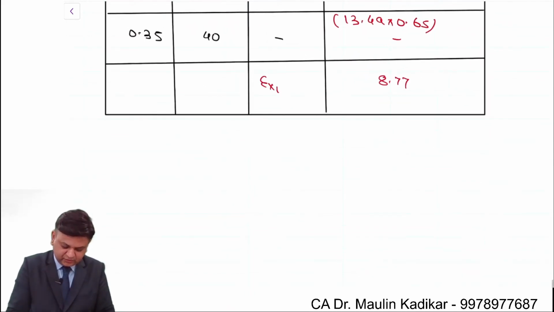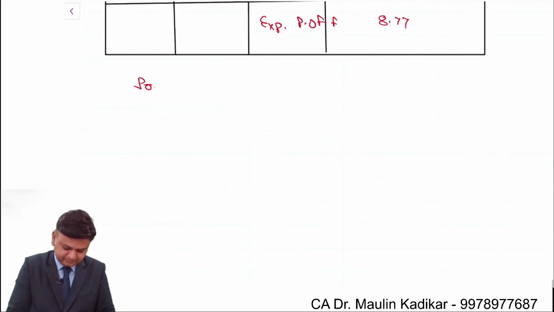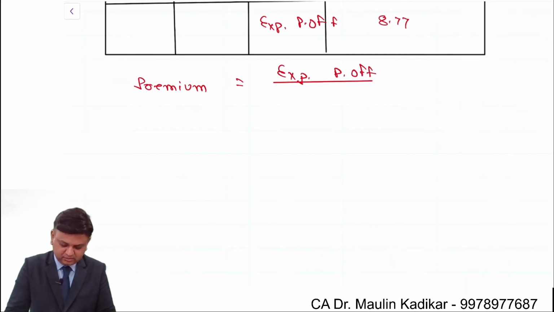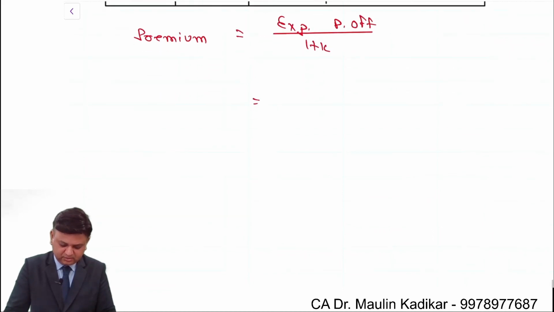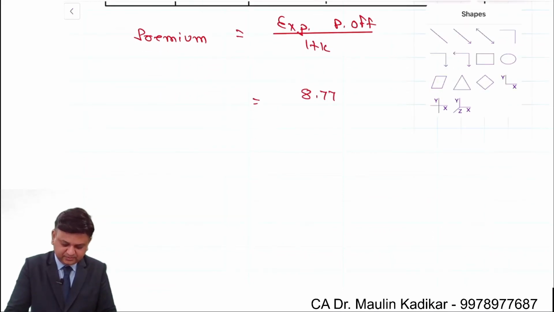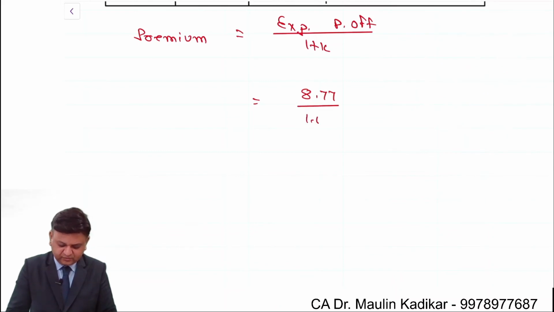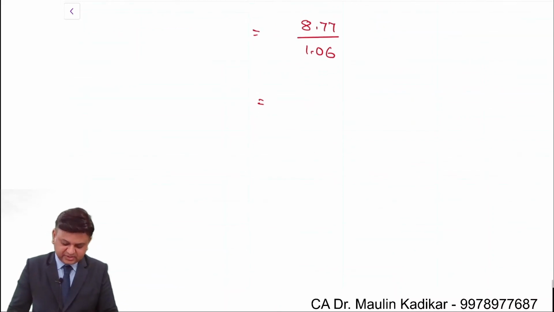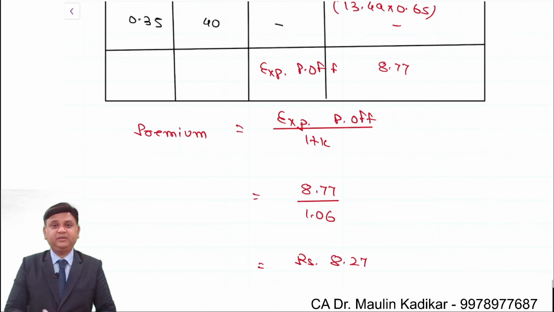This is expected payoff. Then premium. It is expected payoff divided by 1 plus k. 8.77 divided by 1.06. So 8.27. That is the way the premium amount will be calculated.